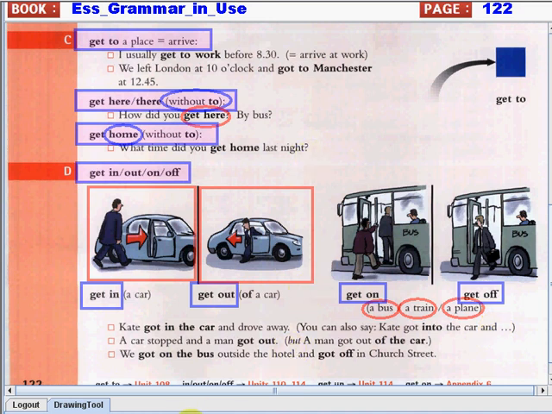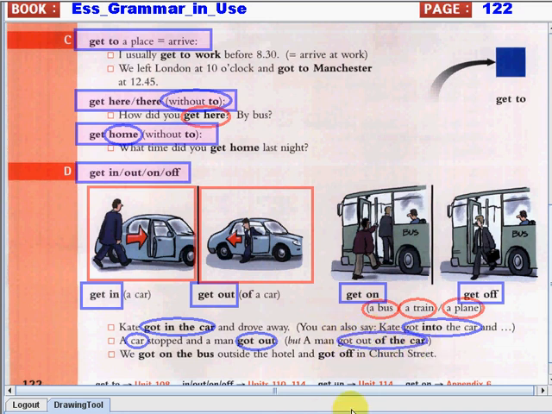We use the words got in the car or got into the car. Next example. A car stopped and a man got out of the car. So, since we're talking about a car here, we use the words got out or got out of the car.